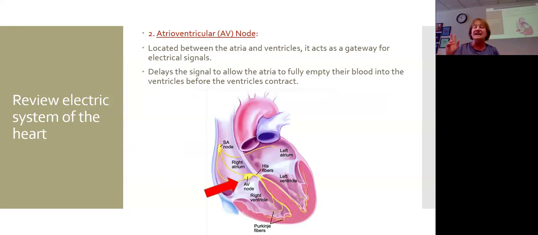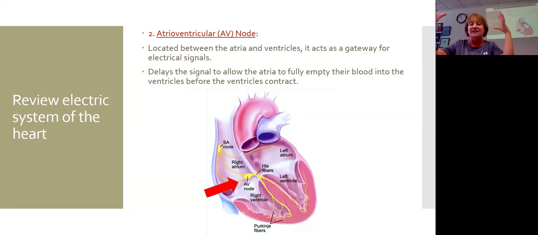Okay, so then the second part of the electrical system is the AV node, or the atrioventricular node. So we got the AV node, the SA node up in the right atrium. The AV node is located between the atria and the ventricles, and it acts as a gateway for electrical signals. So it kind of delays that signal to allow the atria to completely fill with blood.